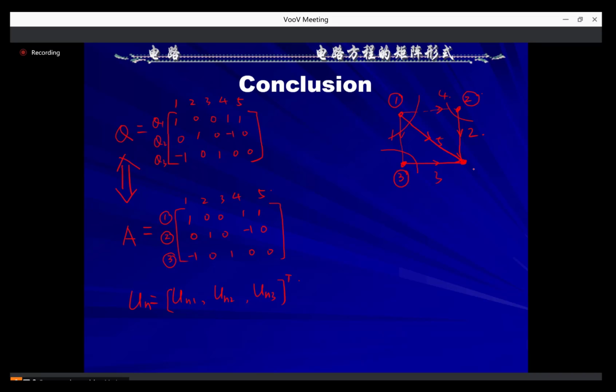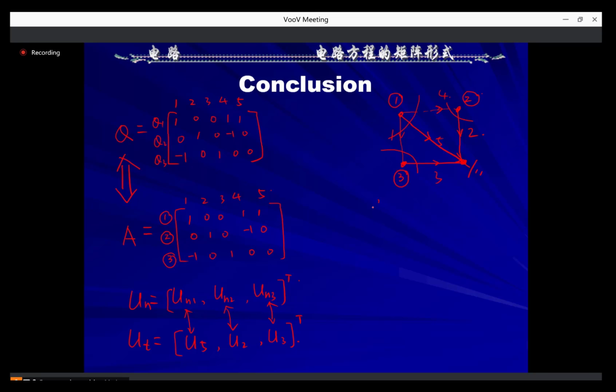For the matrix A, we choose this node as the reference. So the tree voltage UT is U5, U2, and U3. We can find U5 equals UN1, U2 equals UN2, and U3 equals UN3.